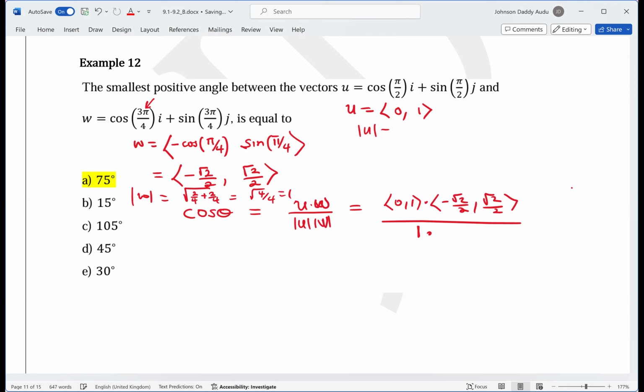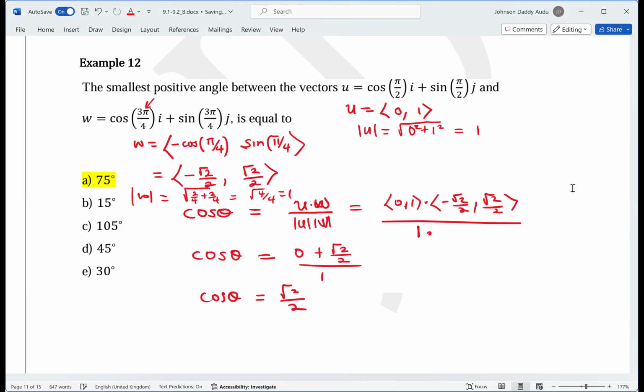Here also the magnitude of u is just 0 squared plus 1 squared, which is also 1. So in all of it, we will have cosine theta equals, now what is the dot product? 0 times this, you will have 0 plus root 2 over 2, all over 1. So cosine theta is just root 2 over 2.